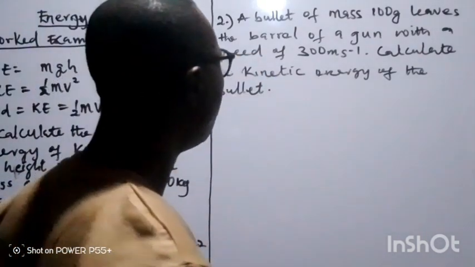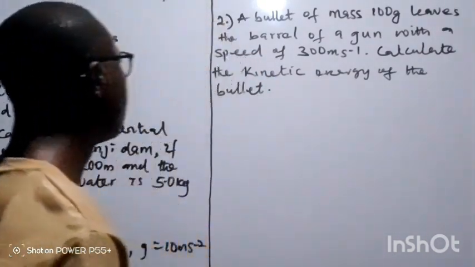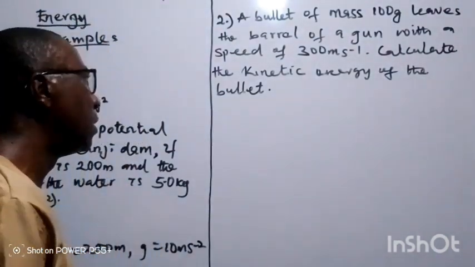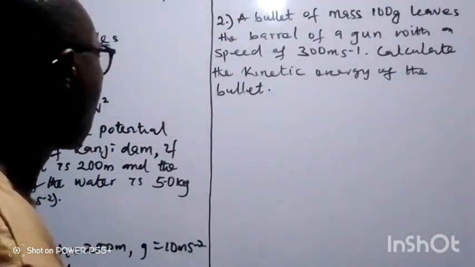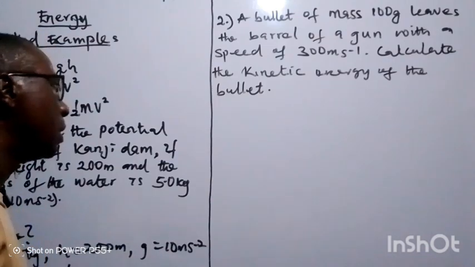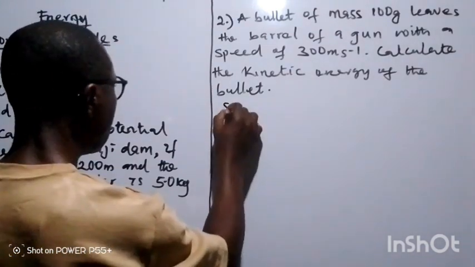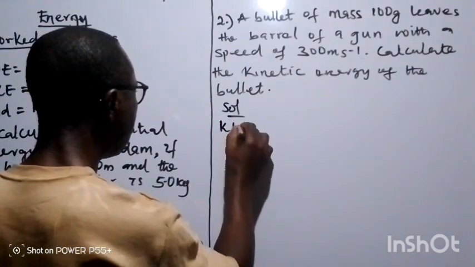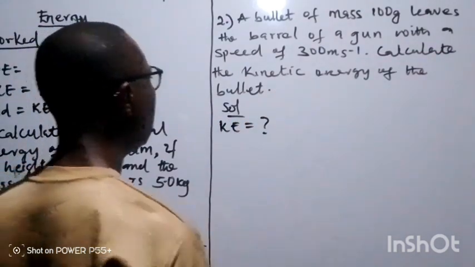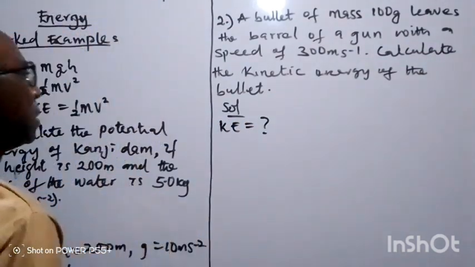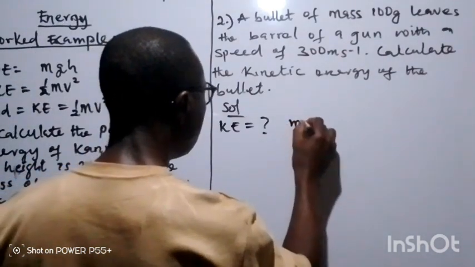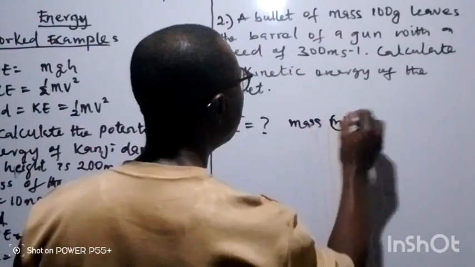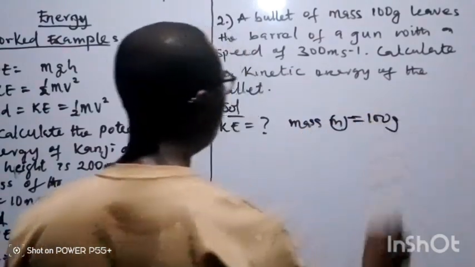Take this one as example 2. A bullet of mass 100 grams leaves the barrel of a gun with a speed of 300 meters per second. Calculate the kinetic energy of the bullet. Solution: we have to calculate kinetic energy, KE. Within this question, mass, m, is given as 100 grams.